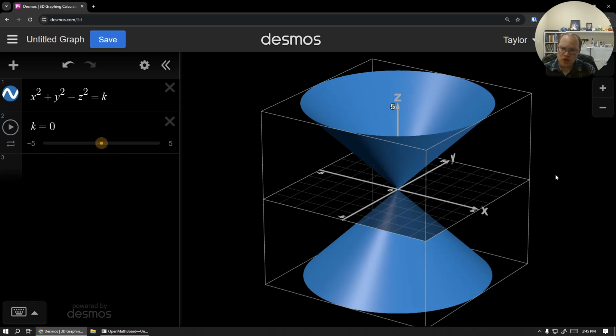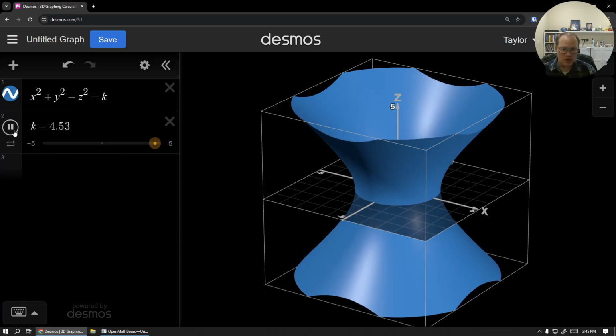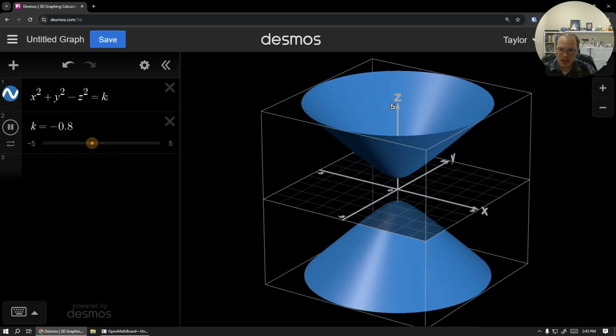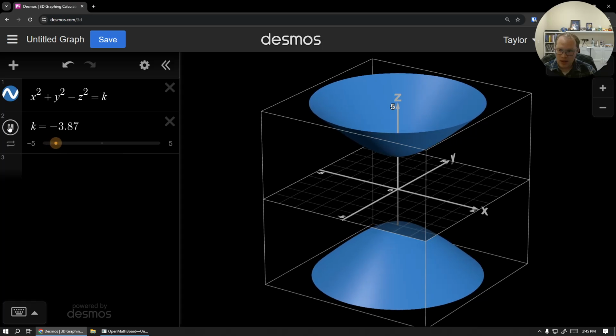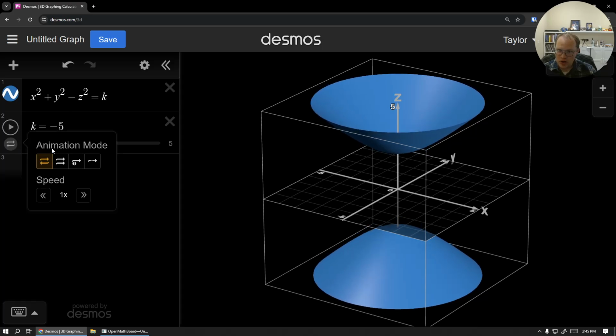All right, now we actually do have a way to kind of visualize how a fourth dimension would work if we allow that fourth dimension to be time. So if we animate this, then we could see how this changes over time by changing that constant. Okay, let me start it on this side, and we'll go slow.